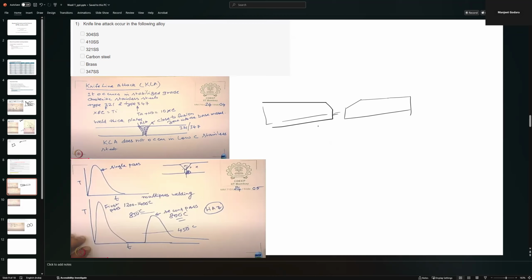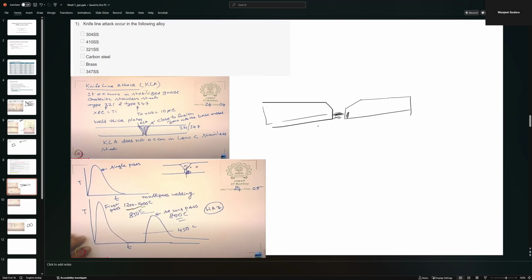In the first pass, you're welding this much region. So what will happen is this region near the welded zone will reach above 1214 degrees Celsius. So what happens is unstable.